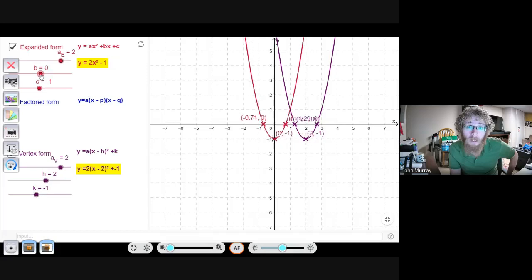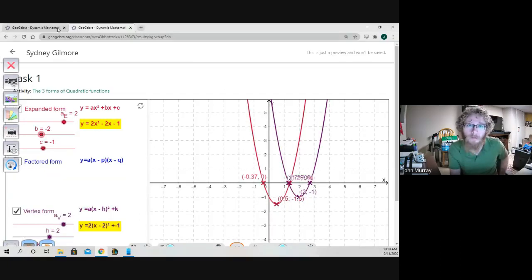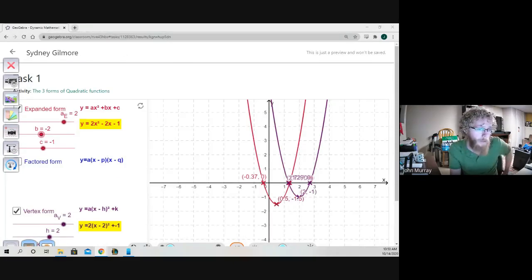Try to match that up with the expanded form and then see what you get as your equation for the expanded form. And while you're doing that, I'm going to take a look at what you guys are doing.